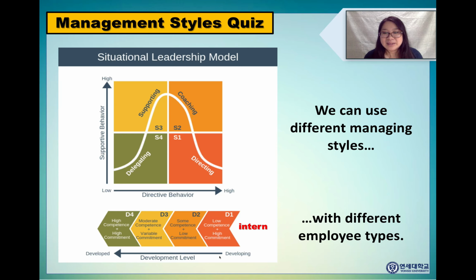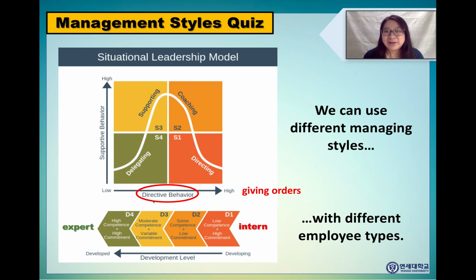The employee types range from low-skilled employees that are developing, for example, an intern, all the way up to a highly competent and highly motivated employee like an expert. So we can see the color chart here. And at the top, we have a chart of the different management styles.